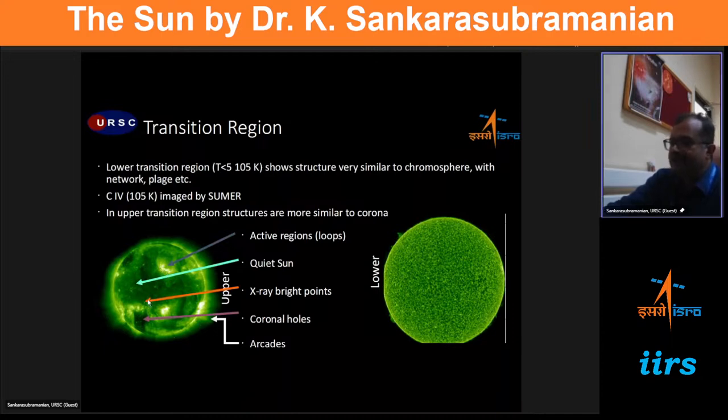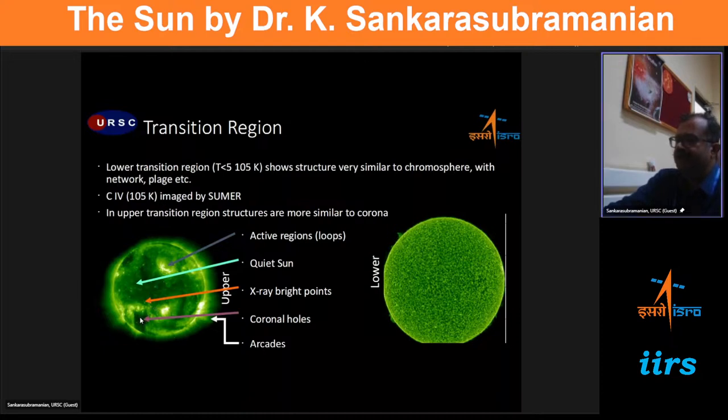In the quiet background we also see some small bright speck-like features. You see it here, you see it here. We call them X-ray bright points because they were first seen in X-ray images of the sun. They are small-scale magnetic fields which are deeply rooted in the solar photosphere.